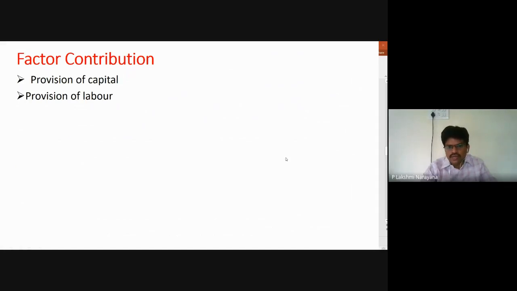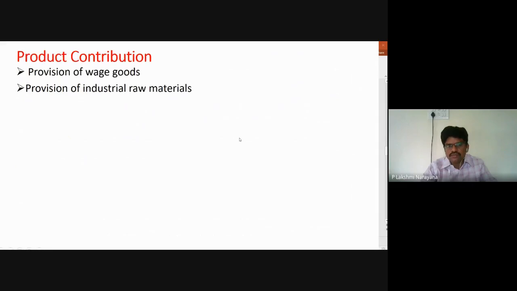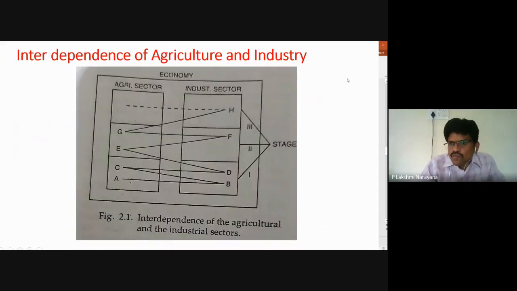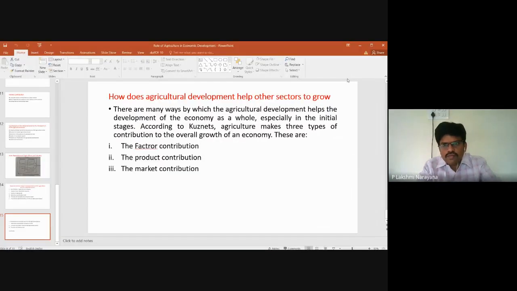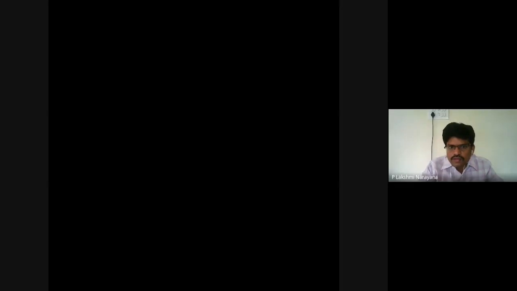First of all, regarding the contribution of... There are many ways in which agriculture development helps the development of the economy as a whole, especially in the initial stages.